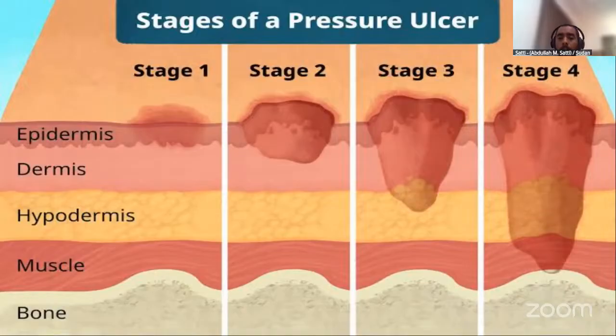The sacrum, the heels, these places have less cushion of subcutaneous fat, and especially, as we mentioned before, elderly patients have atrophy of the fat cells, and stage 4 ulcers could be happening more in these patients.